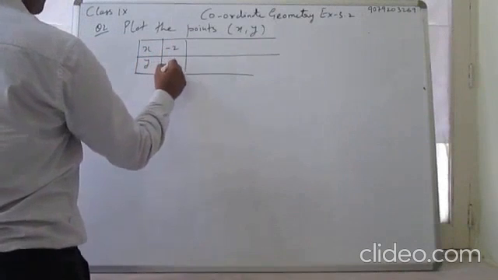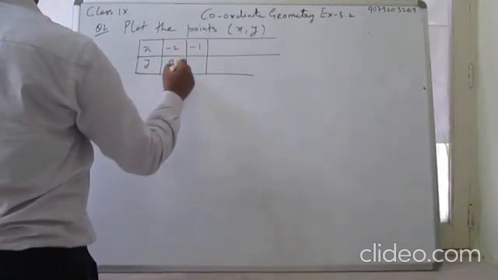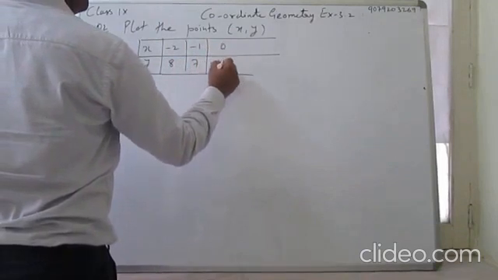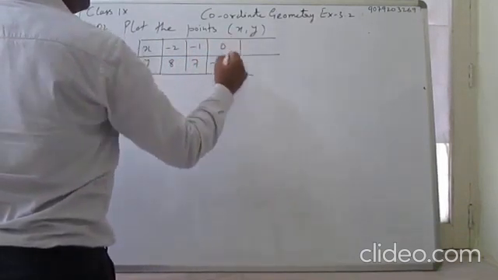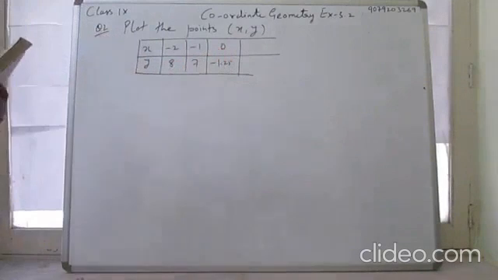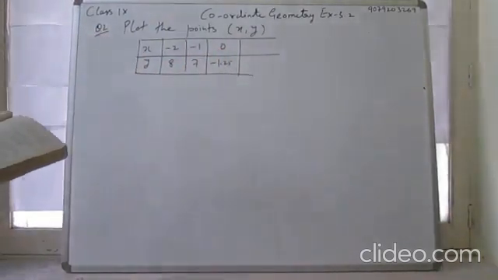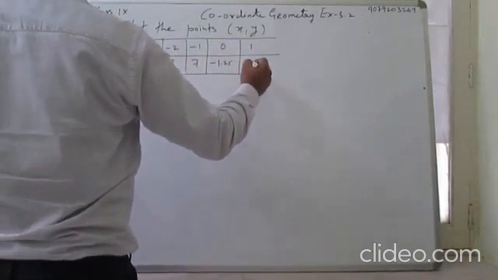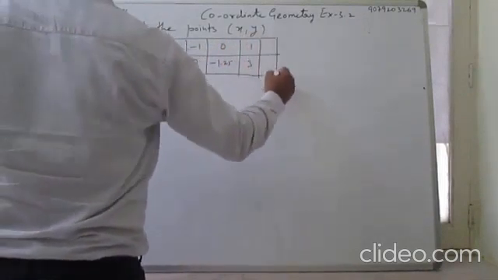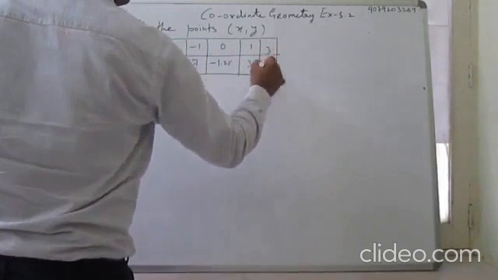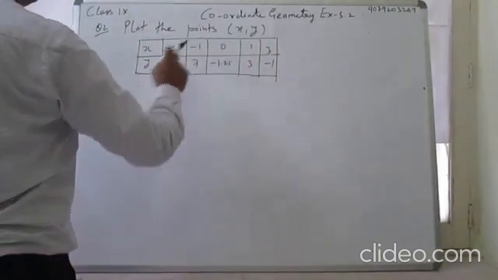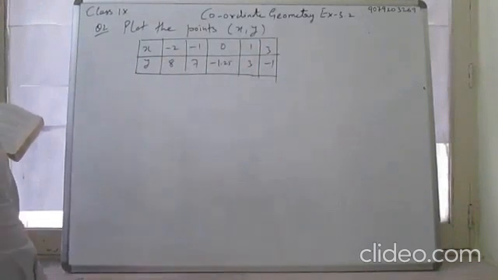Minus 2, 8; minus 1, 7; 0, minus 1.25; 1, 3; and 3, minus 1. How many points are there? 1, 2, 3, 4, 5. So we make the graph.